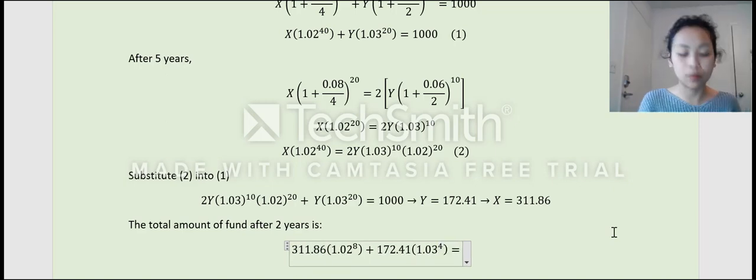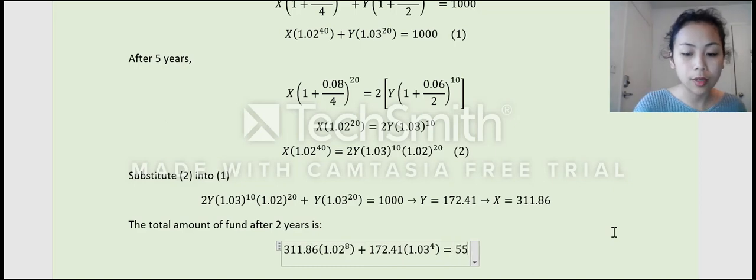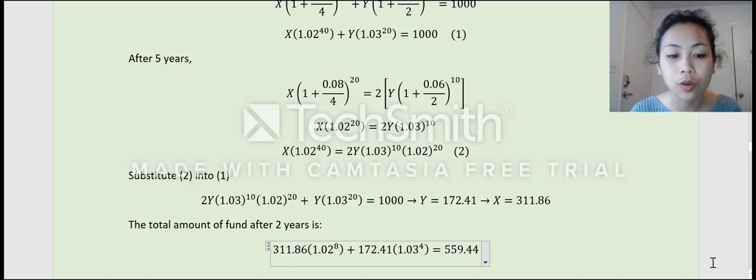So 311.86 times 1.02 to the power of 8 plus 172.41 times 1.03 to the power of 4, that is 559.44. So that is the total amount of the funds after 2 years.